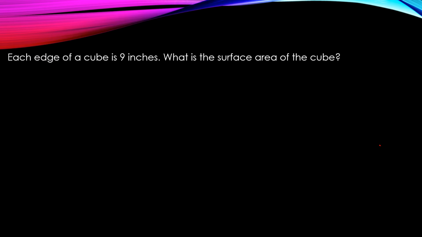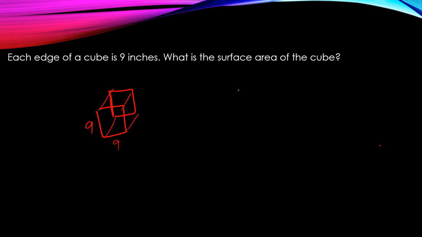So each edge of a cube is 9 inches. What is the surface area of the cube? Okay, so remember, for surface area, you're adding up all of the surfaces. And if you think about a cube or like a dice, there are 6 sides. And with a cube, if one side is 9, the other side is 9.